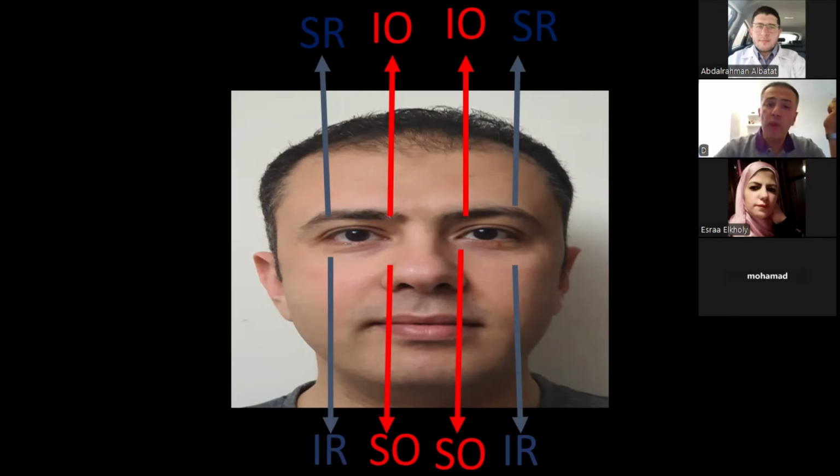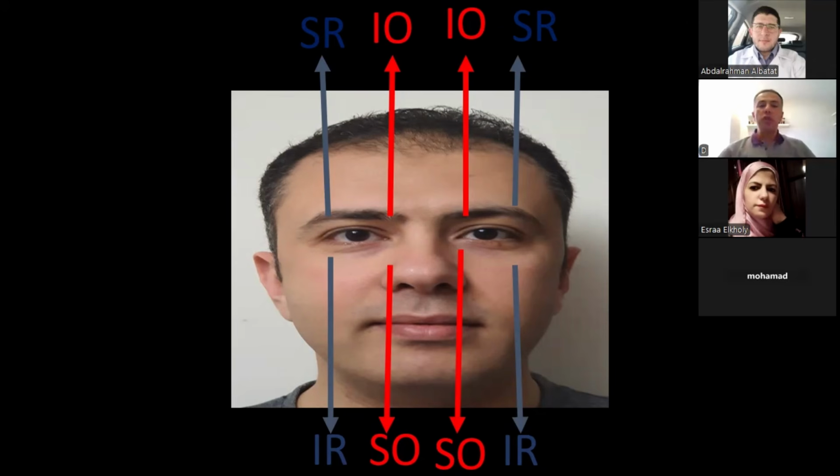Each of these muscles works in balance with the action of another muscle. If you have the elevator superior rectus, you have the depressor inferior rectus. If the superior rectus is intorting the eye, the inferior rectus is extorting the eye. If both superior and inferior recti are adductors, the superior and inferior obliques are abductors. So each one has its action, and another one does an antagonistic action.